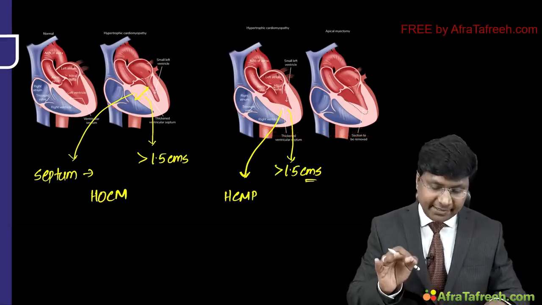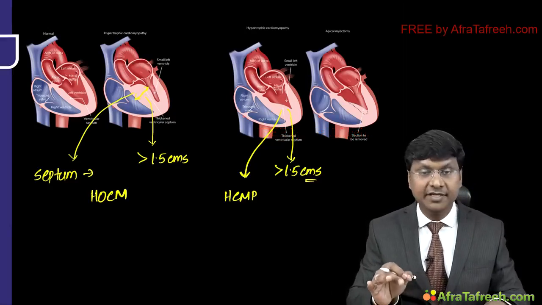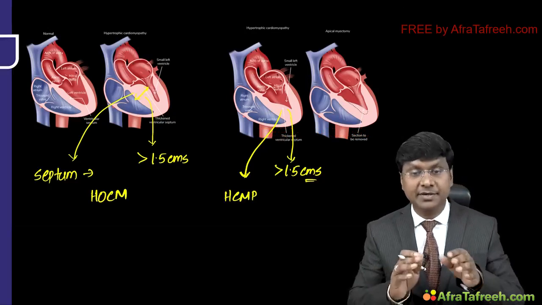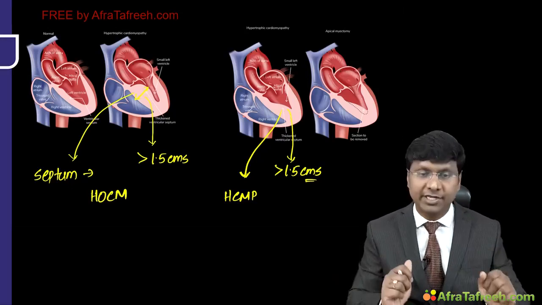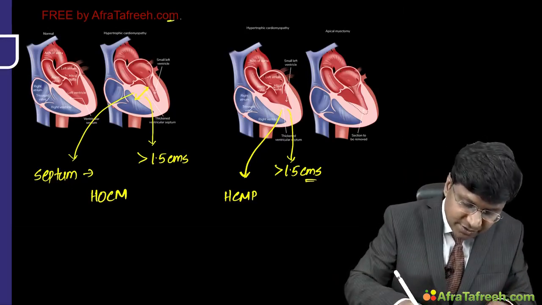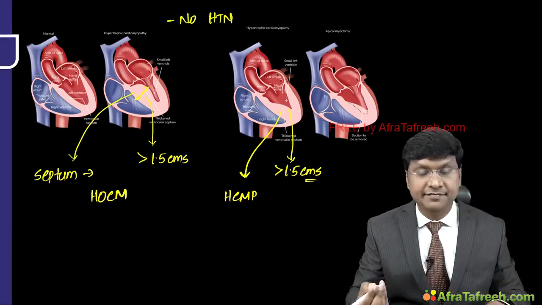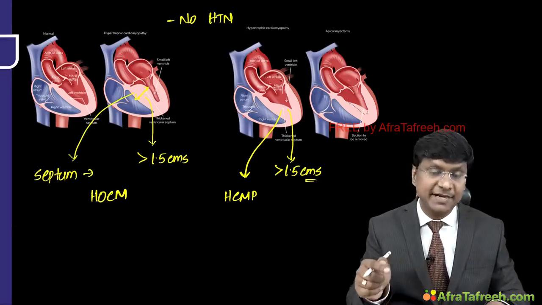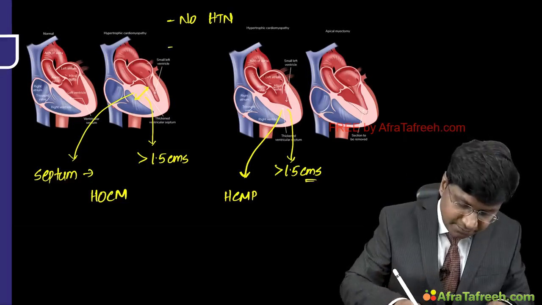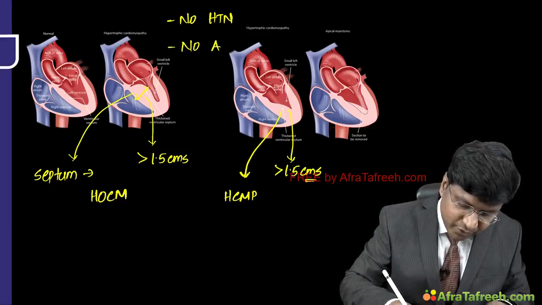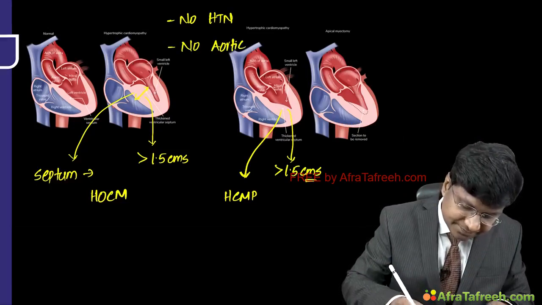The hypertrophy in hypertrophic cardiomyopathy occurs in the absence of causative hemodynamic factors. That means there is no hypertension. Usually hypertension is the one which causes left ventricular hypertrophy, but in spite of the absence of hypertension, there will be hypertrophy. Or there will be no aortic valve disease.